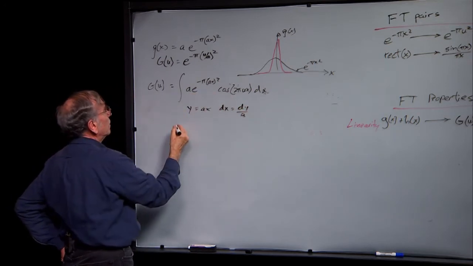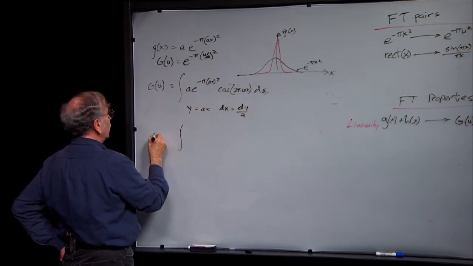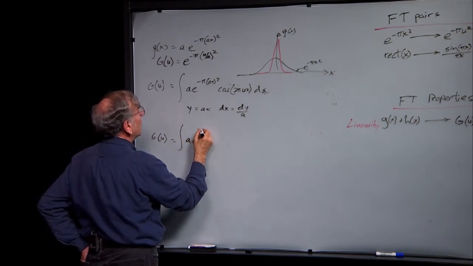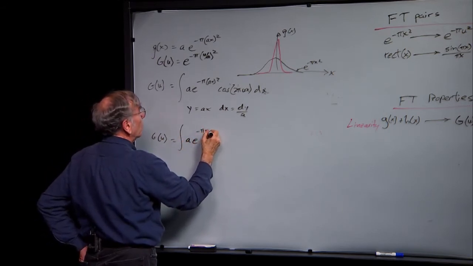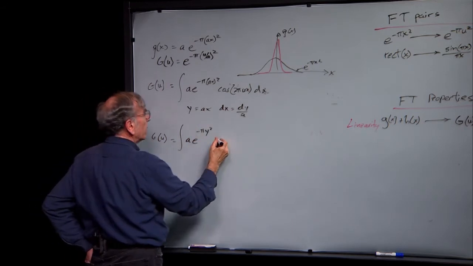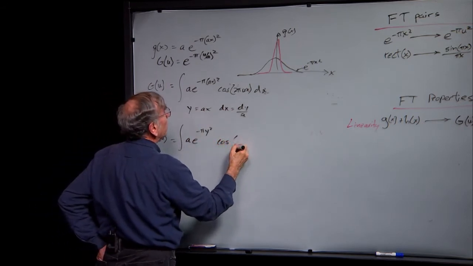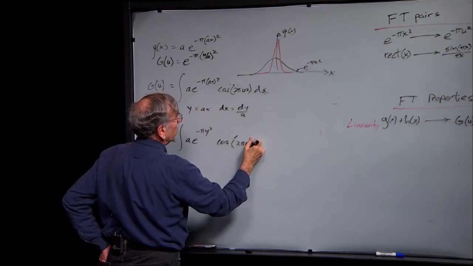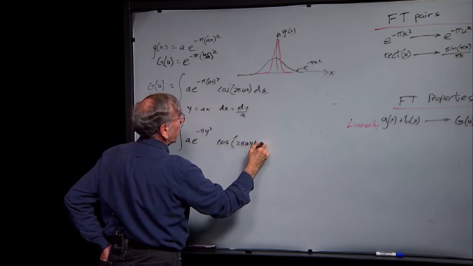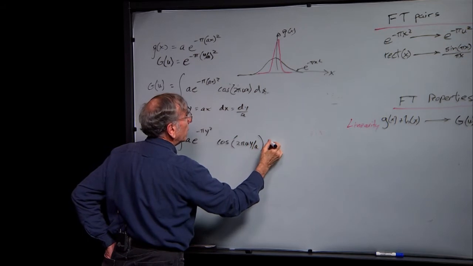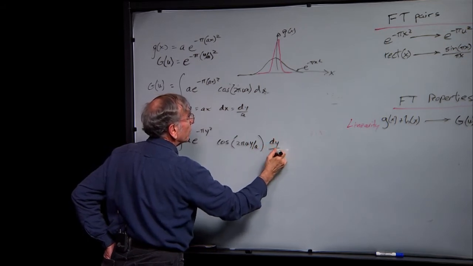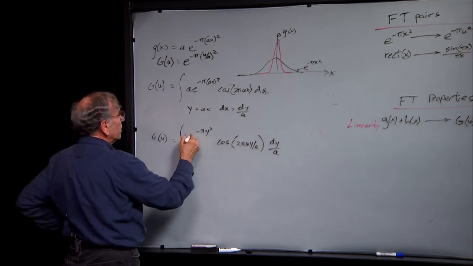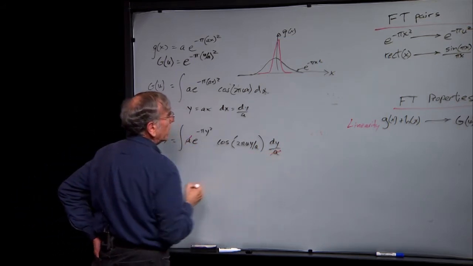When we do this substitution, we have g of u equal to a e to the minus pi y squared times cosine of 2 pi u y over a times dy over a. And you can see that the a's are going to cancel.